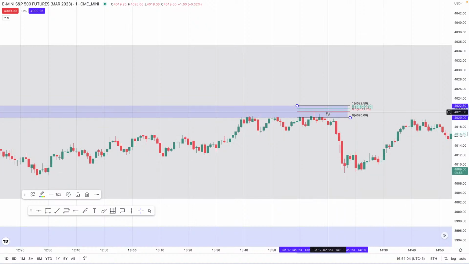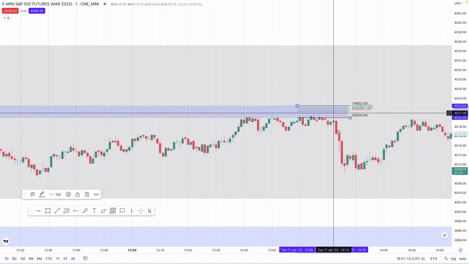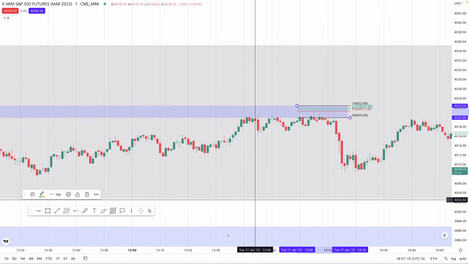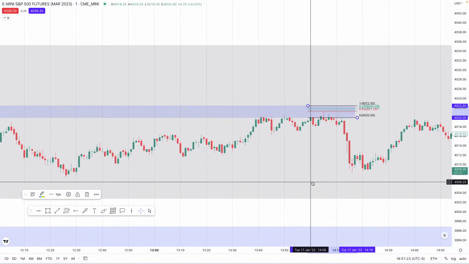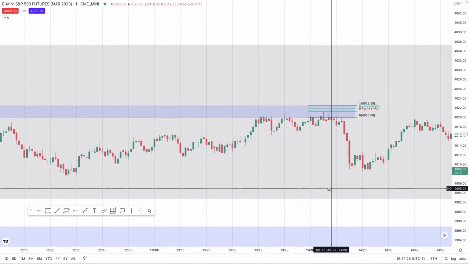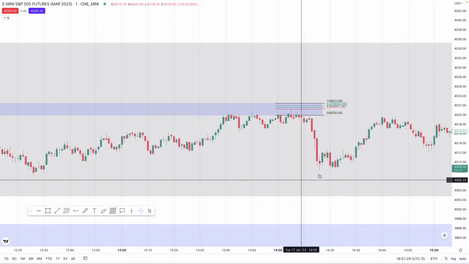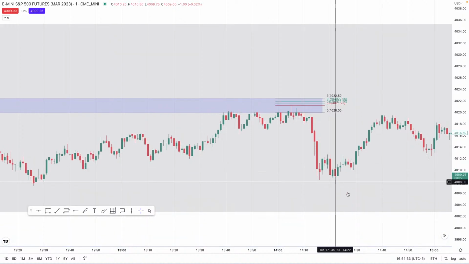This was 40.21 to 4,008. So you're looking at a 13-point move. Again, that was a very quick couple $1,000s in your pocket. So out of all those moves that I called out, now you're looking at banking anywhere from 2 to 4K, which is a really good day just in this PM session.